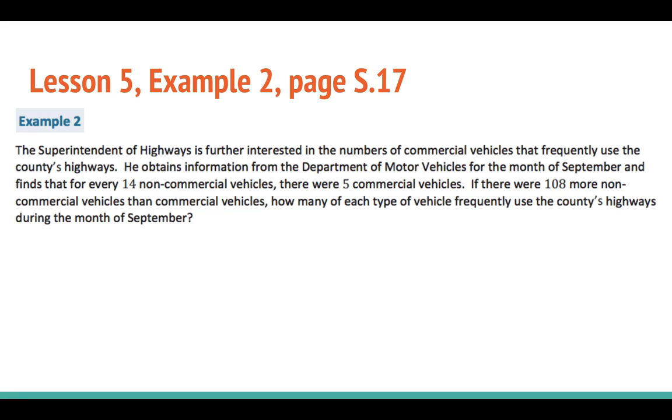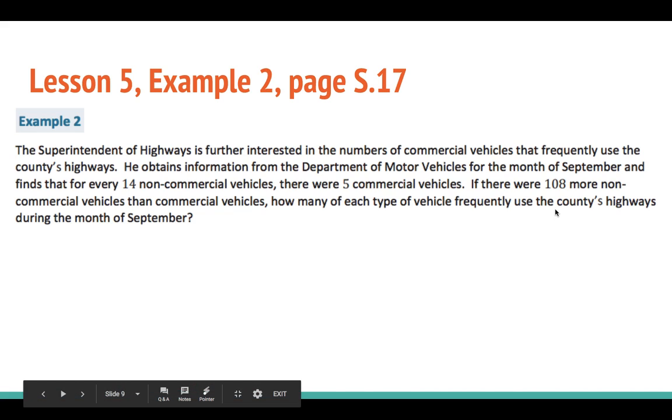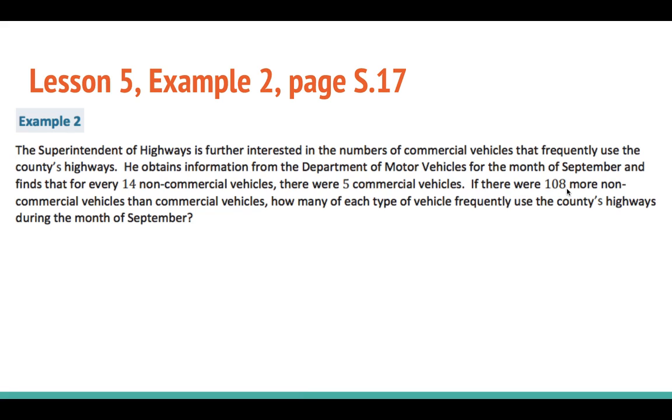If there were 108 more non-commercial vehicles than commercial vehicles, how many of each type of vehicle frequently use the county's highways during the month of September? The keywords here are: if there were 108 more non-commercial vehicles than commercial vehicles. Keep that in mind.